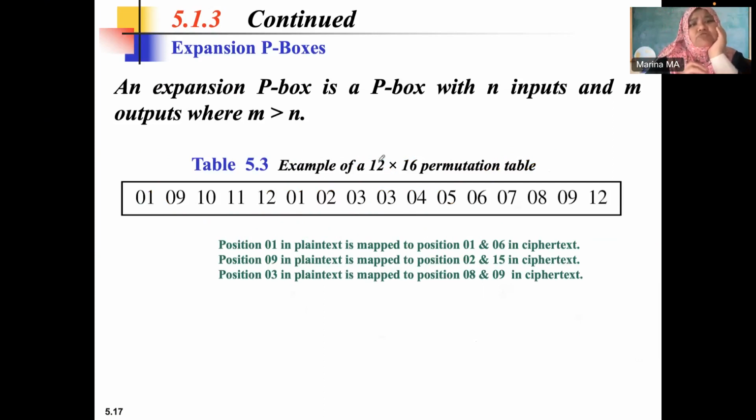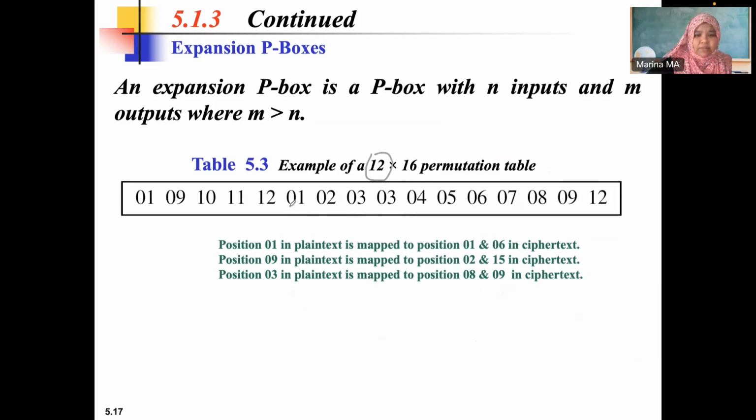I would like to point out, originally you only have 12 plain text positions, isn't it? But you expand it to become 16, meaning how can only 12 characters become 16? So certain characters in the plain text have to be doubled or used more than once. For example, original is 1, 2, 3, 4, up to 12, but we need 4 extra numbers.